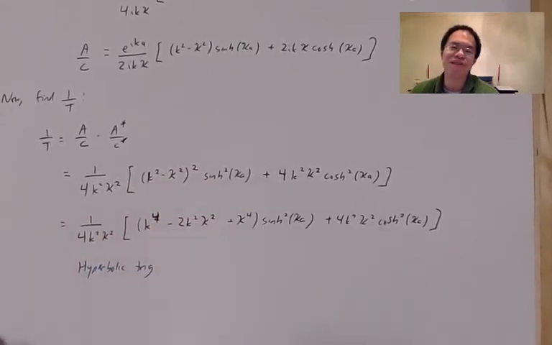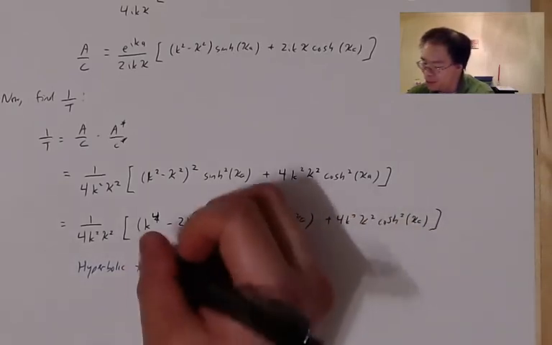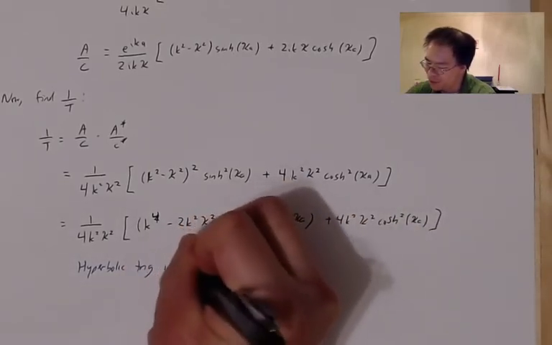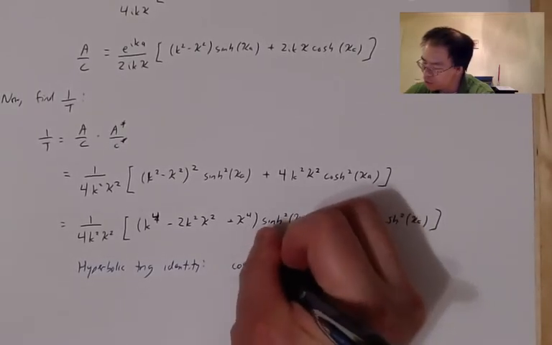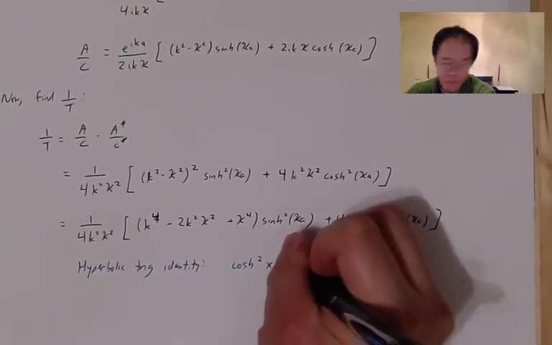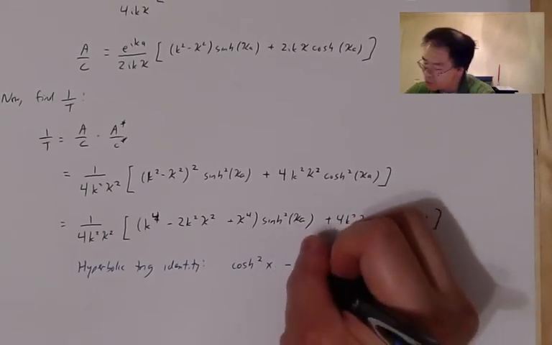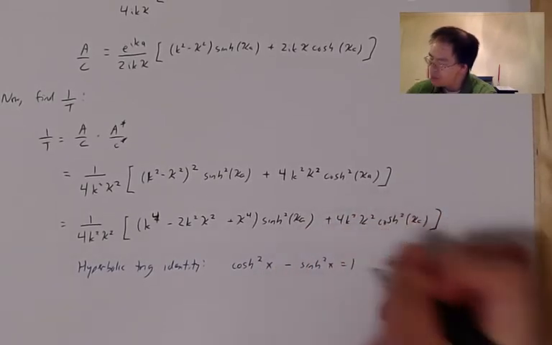Just like there's a Pythagorean trig identity, cosine squared x plus sine squared x equals 1, there is a hyperbolic cosine and sine identity, which goes like cosh² x minus sinh² x equals 1.